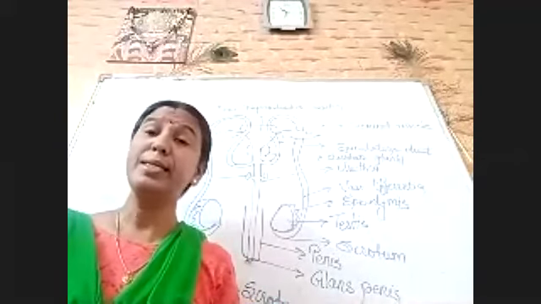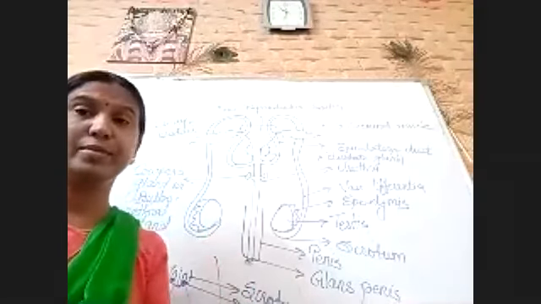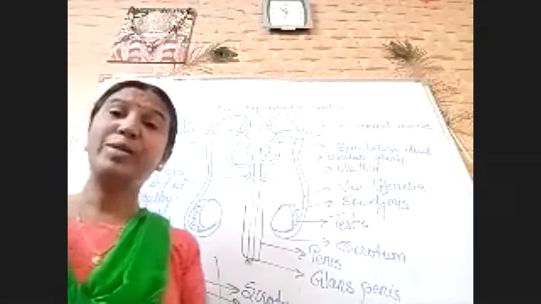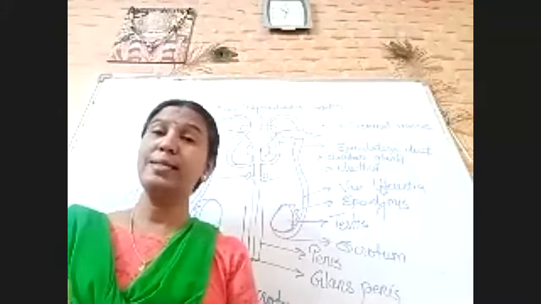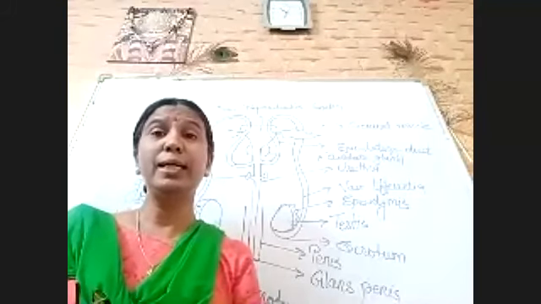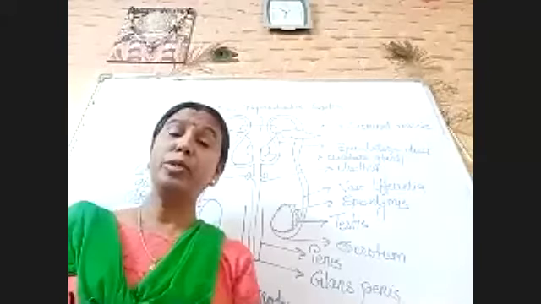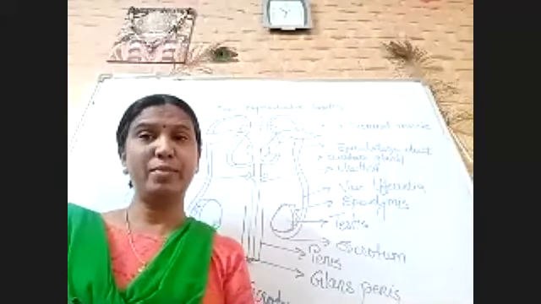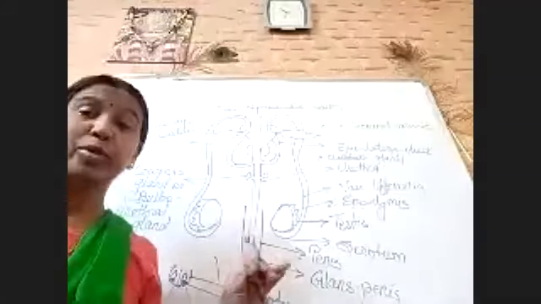These sperms would get destroyed, because in the abdomen, as so many organs are there, the temperature will be higher. To prevent it, they are present outside the abdomen in the scrotum.